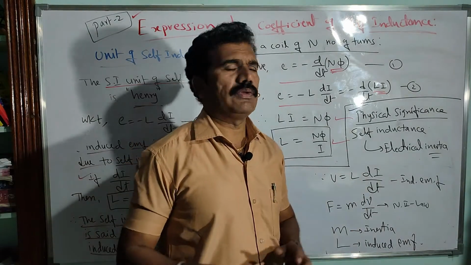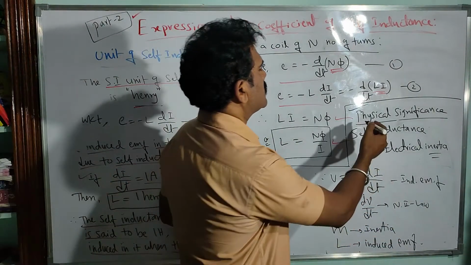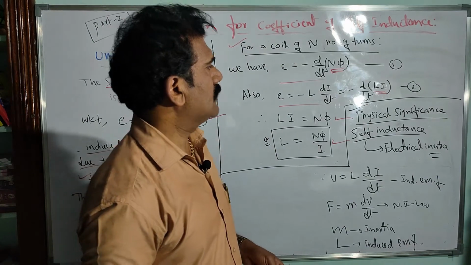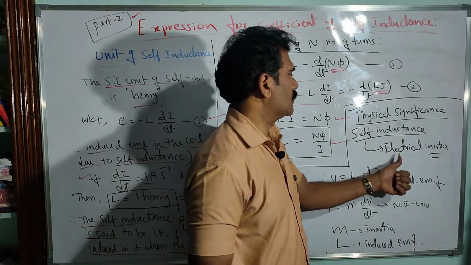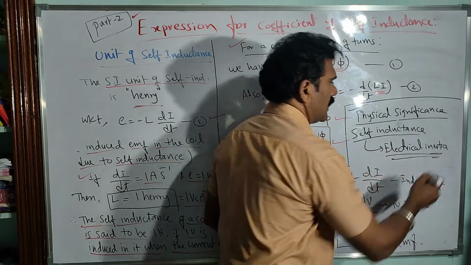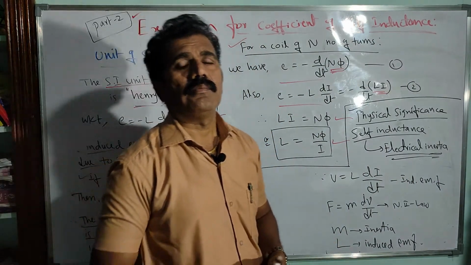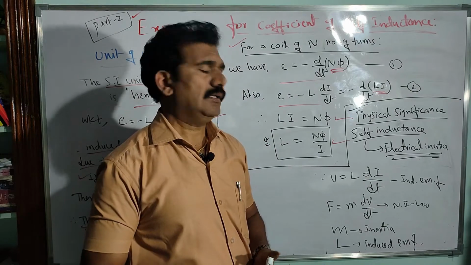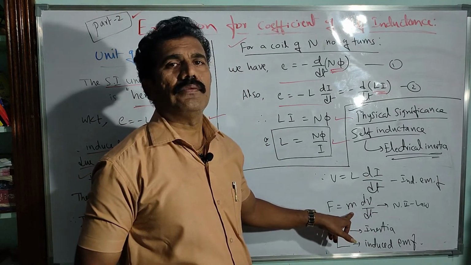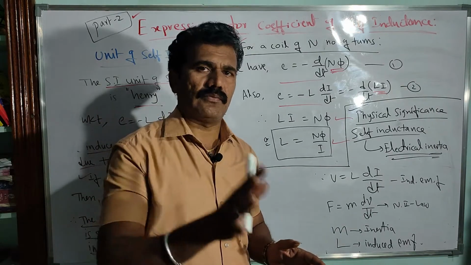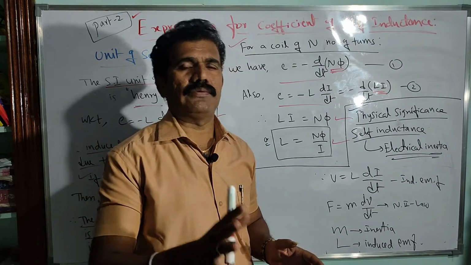So at the end of this video, try to understand what is the physical significance of self-inductance. We can relate it to inertia, so we call it electrical inertia. In mechanical inertia, you know the role of mass. If the body has a larger mass, we need to apply a greater force to stop it, if it is moving.